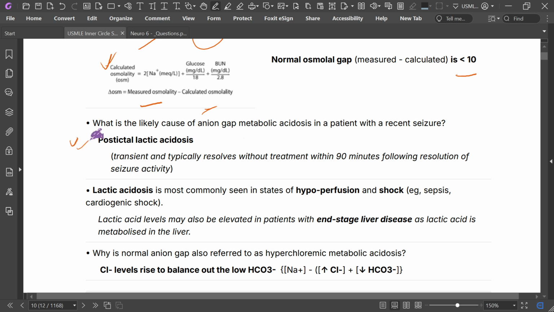If there is post-ictal lactic acidosis, it is transient and typically resolves without treatment within 90 minutes following resolution of seizure activity.